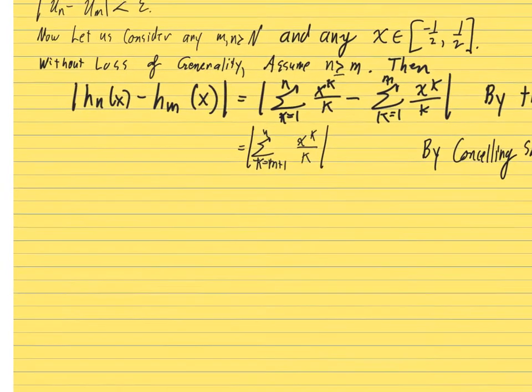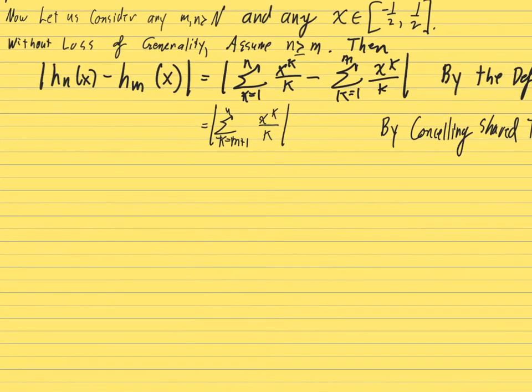I just took those sums and I canceled the terms they had in common. Let's use the triangle inequality next. Yeah, we have to use the triangle inequality. What I was about to say was just false. The sum from k equals m plus 1 up to n of absolute value of x to the k divided by k factorial, by the triangle inequality.